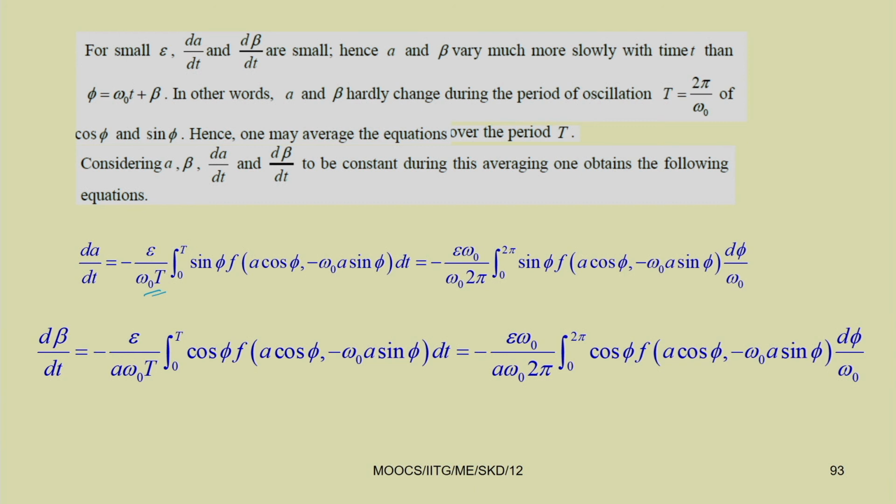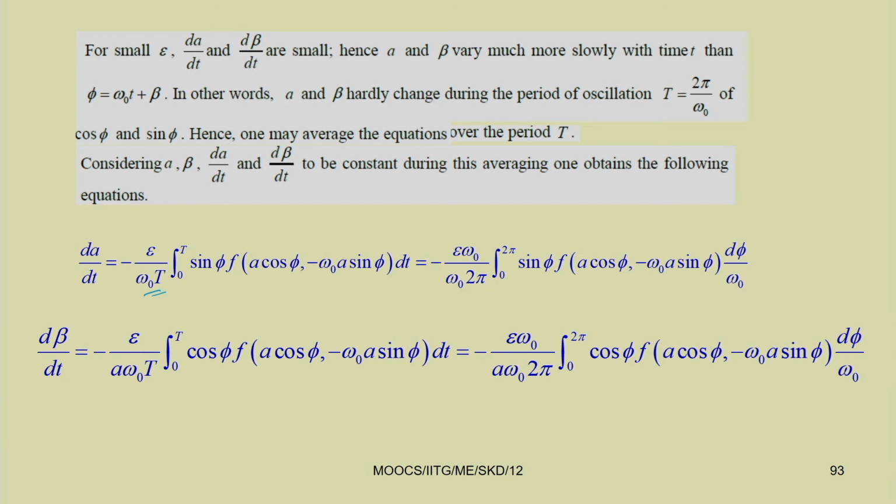So, minus epsilon by omega 0 T, integration 0 to T of sin phi f of a cos phi minus omega 0 a sin phi dt. This T can be written equal to 2 pi by omega 0.